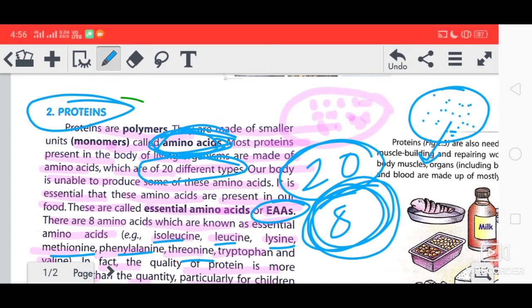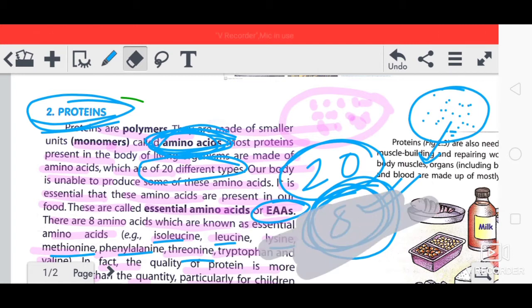So what is protein? Protein is a kind of nutrient which is found in our body in small units of amino acids. There are 20 amino acids, out of which 8 are essential for our body. This is the definition you have to remember.